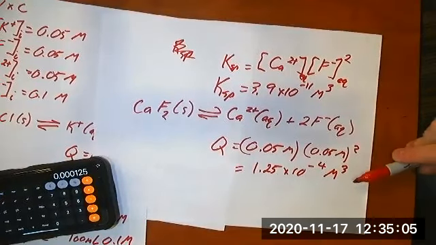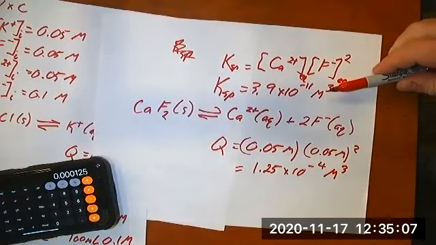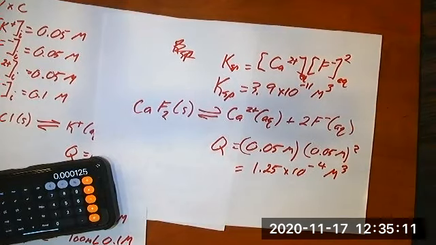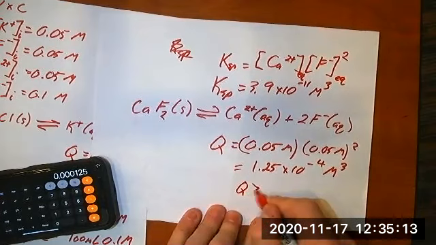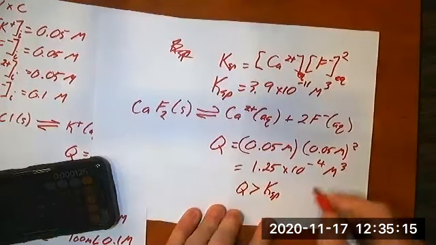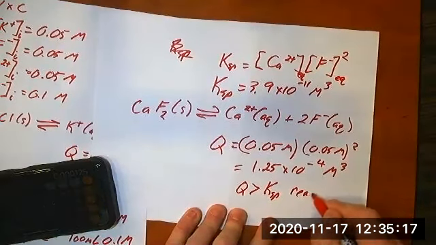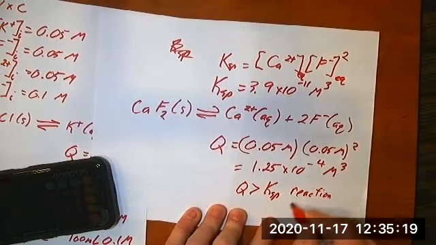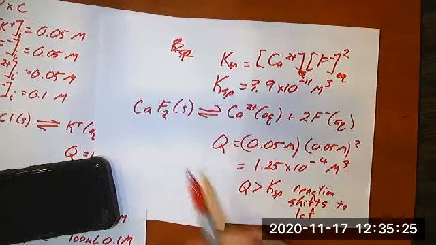So our Q is significantly larger than our KSP. So when Q is greater than KSP, the reaction shifts to the left, and so we do in fact get a precipitate.